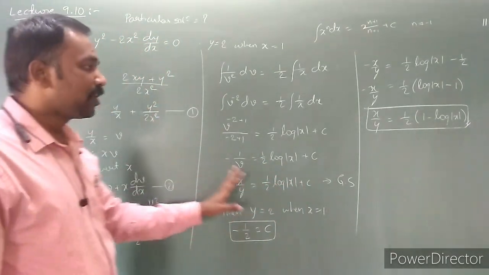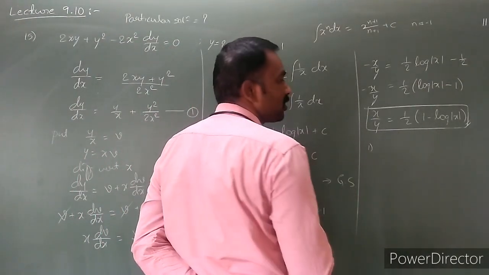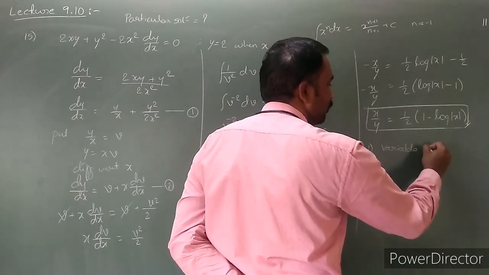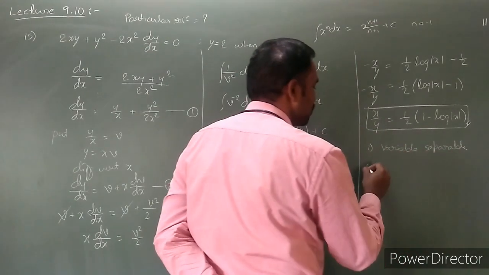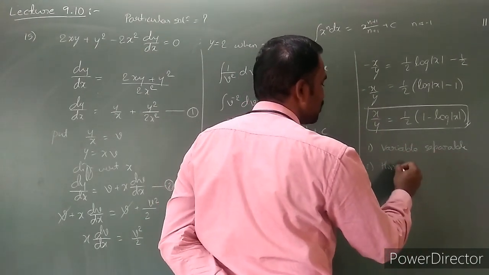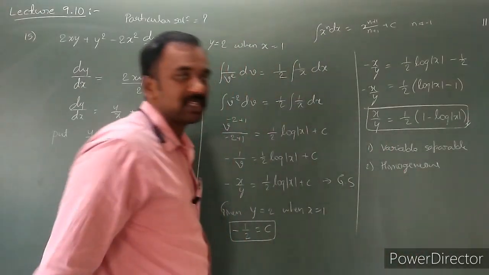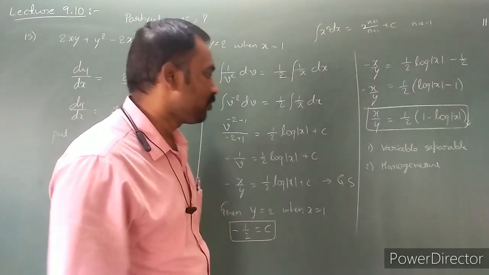All the problems are very important. So far, we have solved the differential equation by the variable separable method. The second method is the homogeneous differential equation method, where again we need to use the variable separable method.